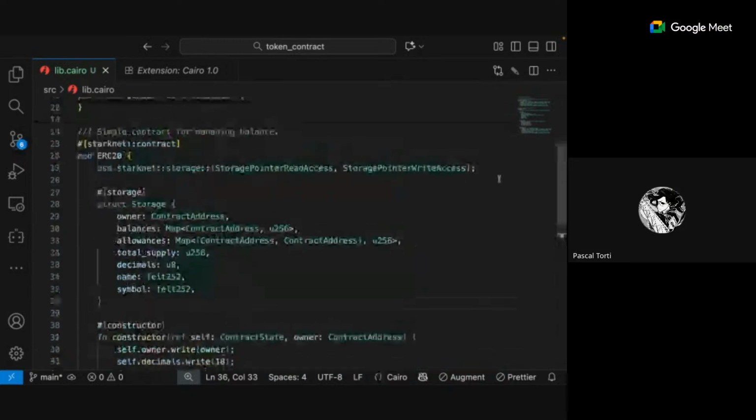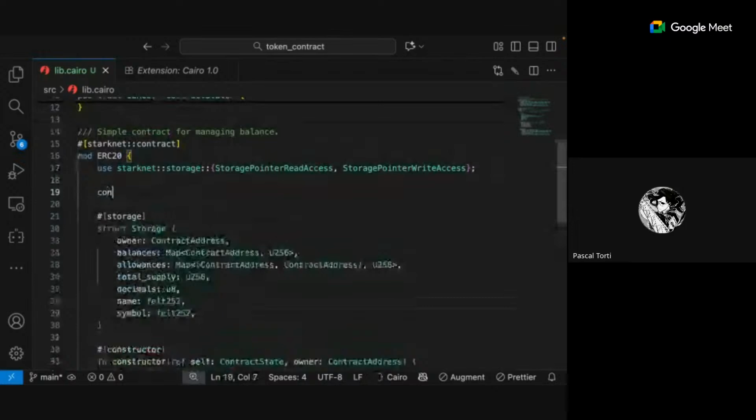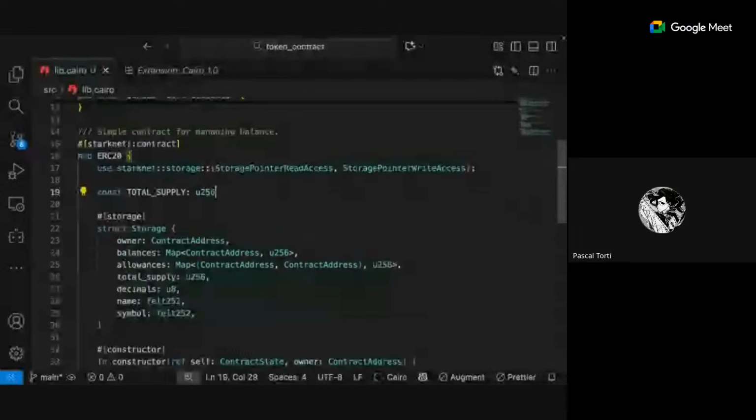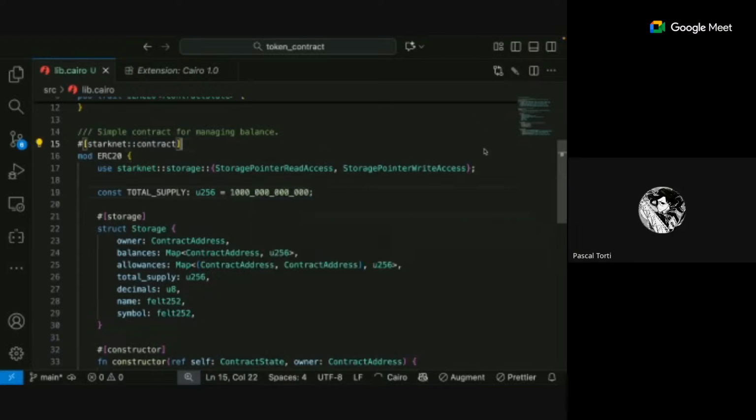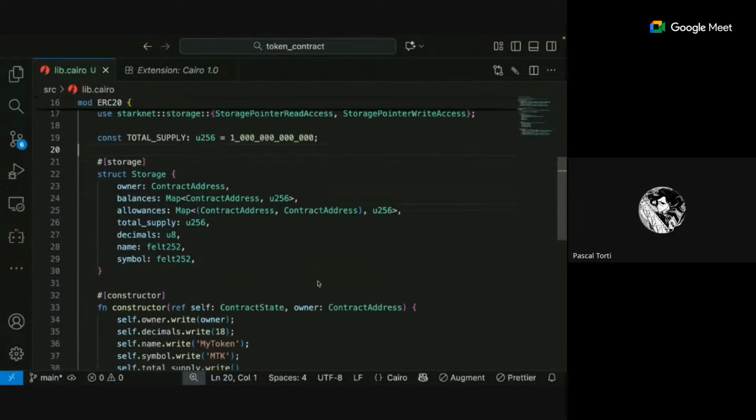Let's make the total supply a constant. Say it's 1 trillion coins here.